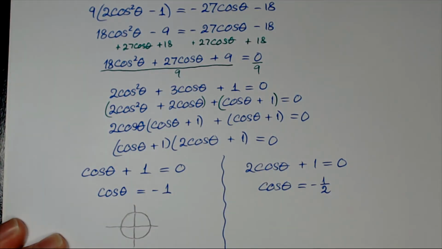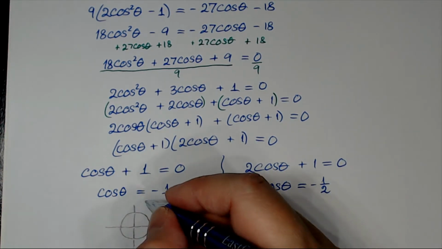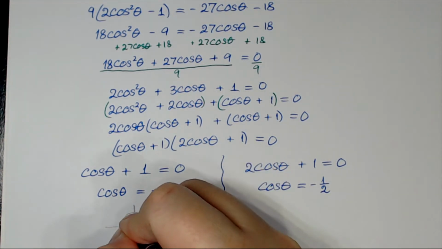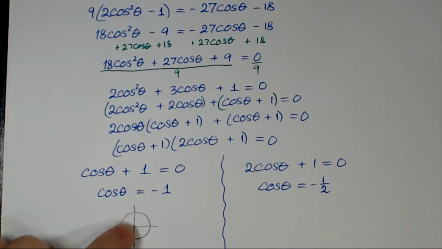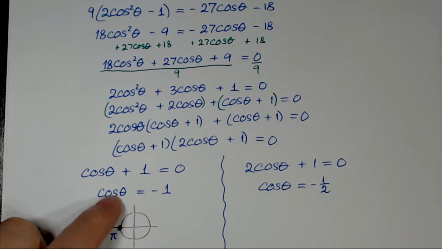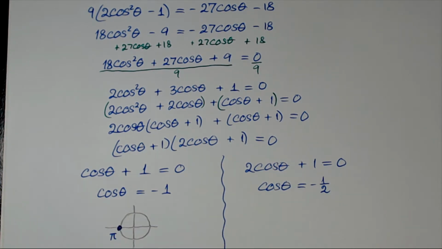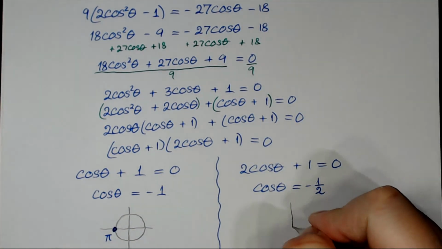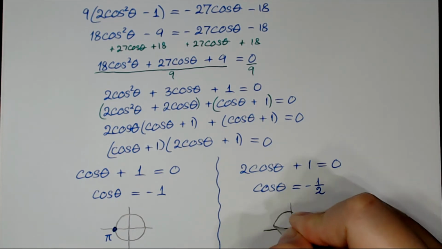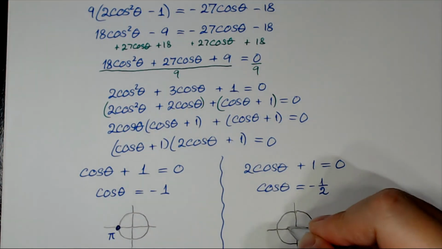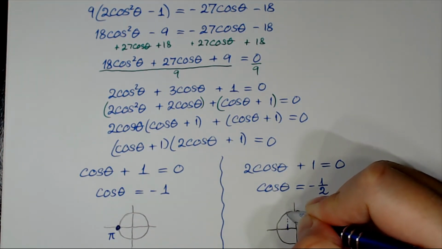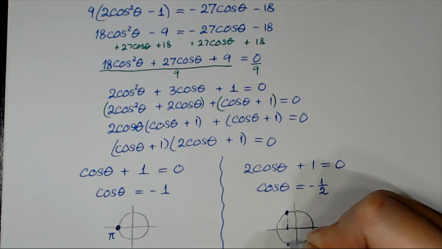Now we move everything on one side. So we will have 18 cosine square plus 27 cosine theta, and then plus 9 equal to 0.